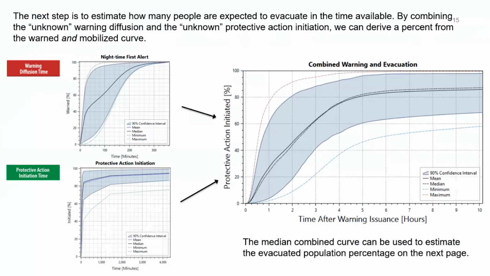We have some defaults called the unknown curves in LifeSim. We're using the unknown, which has a very wide range between the best case and worst case. We're combining those to get this combined warn and evacuation, and this is what you can use for this exercise.